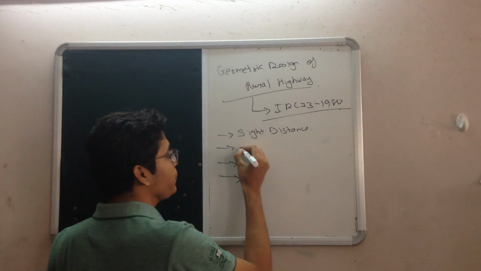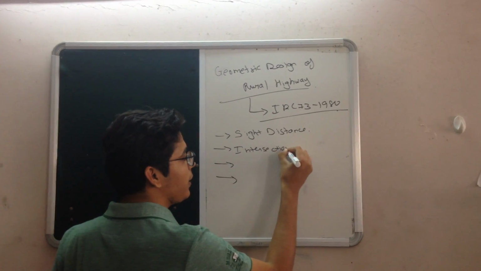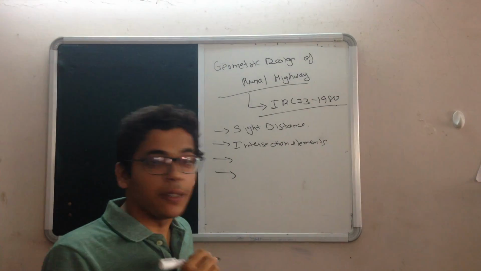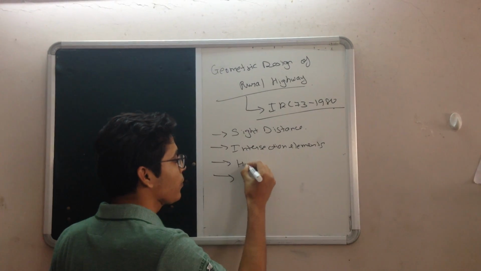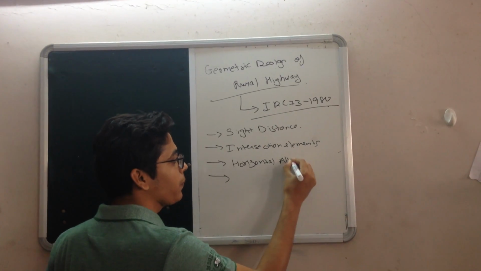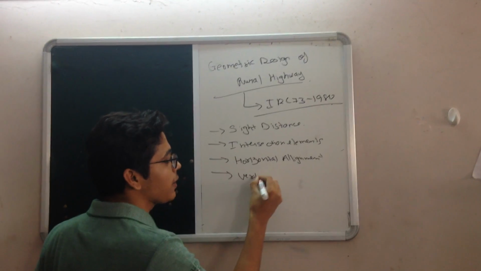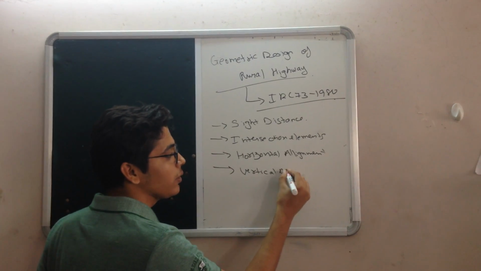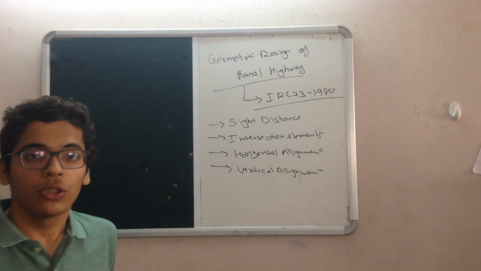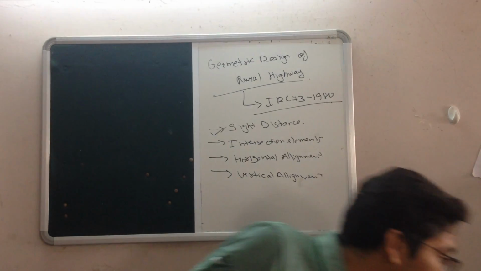The second one is intersection elements. Then horizontal alignment, and lastly vertical alignment. So today we will begin with the topic of sight distance.